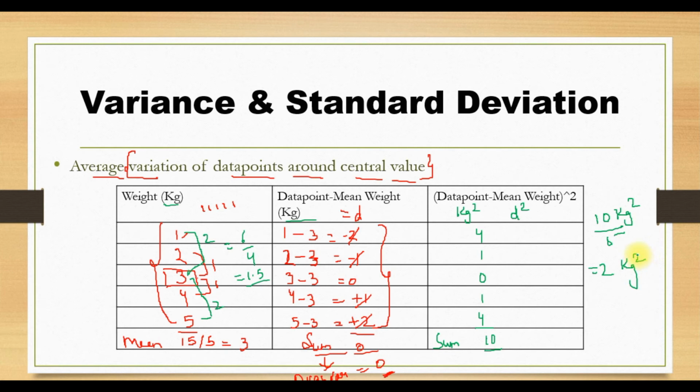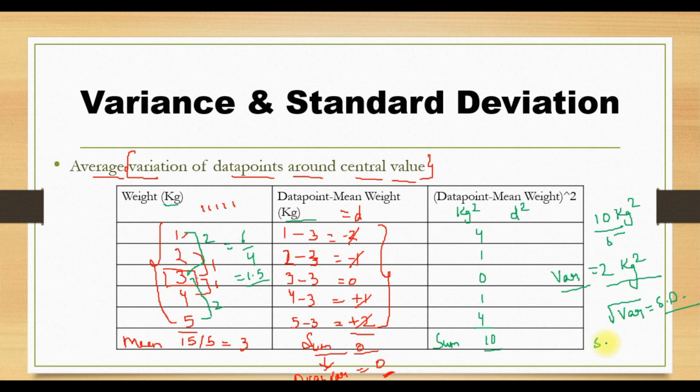Now it becomes a little difficult to understand a variation of 2 kg square. So what we can do is simply take the square root of 2 kg square. If we take the square root of variance, we call it standard deviation.